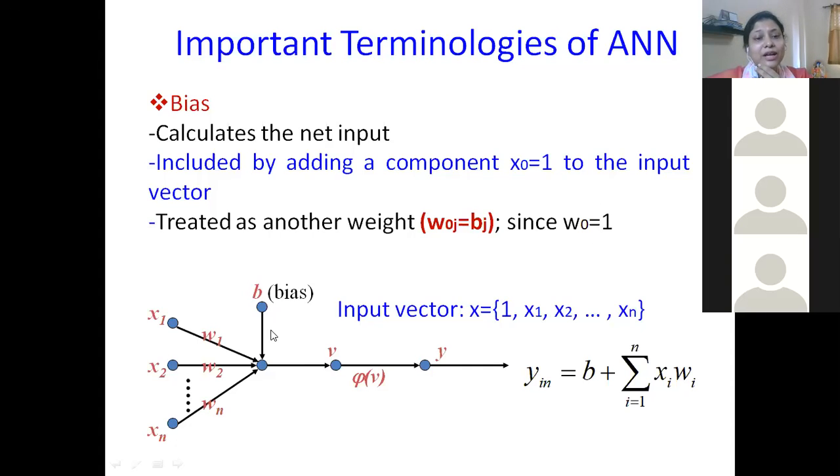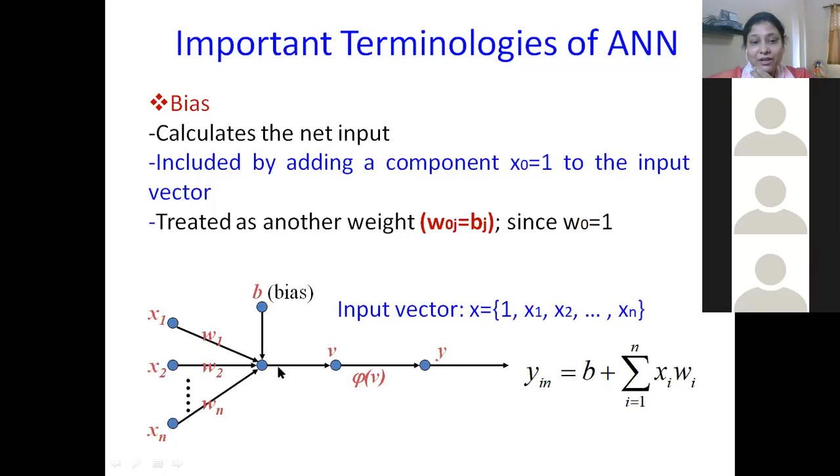So whenever we compute b into w0, as we always compute x1 into w1 or x2 into w2, here the input is b, like x1, x2 or xn, and the value of the weight is every time equal to 1. So automatically we always get only b.